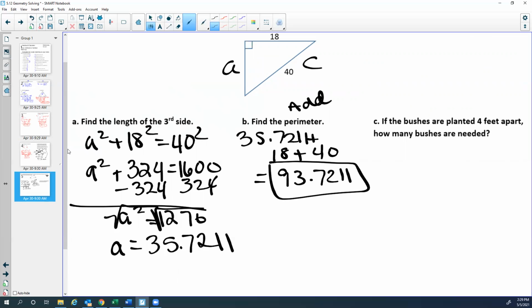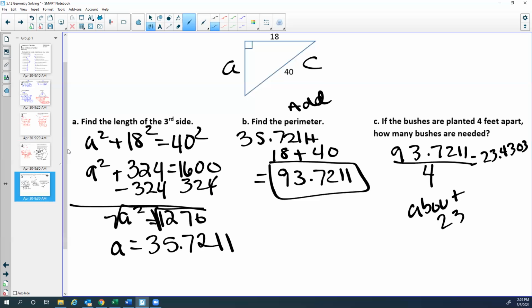Well, let's divide our perimeter by 4 and find that out. So 93.7211 divided by 4 equals 23.4303. So we need about 23 bushes.